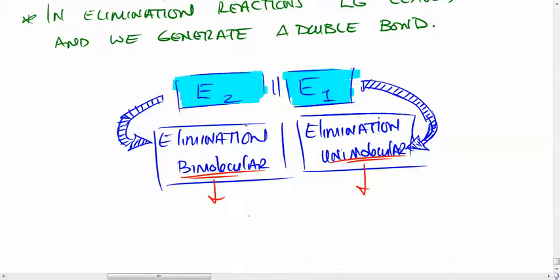The same concept is in E2. The rate of the E2 reaction is going to be dependent on the base and the substrate. That's why we're calling it E2 reaction. So bimolecular because it exhibits second order kinetics.